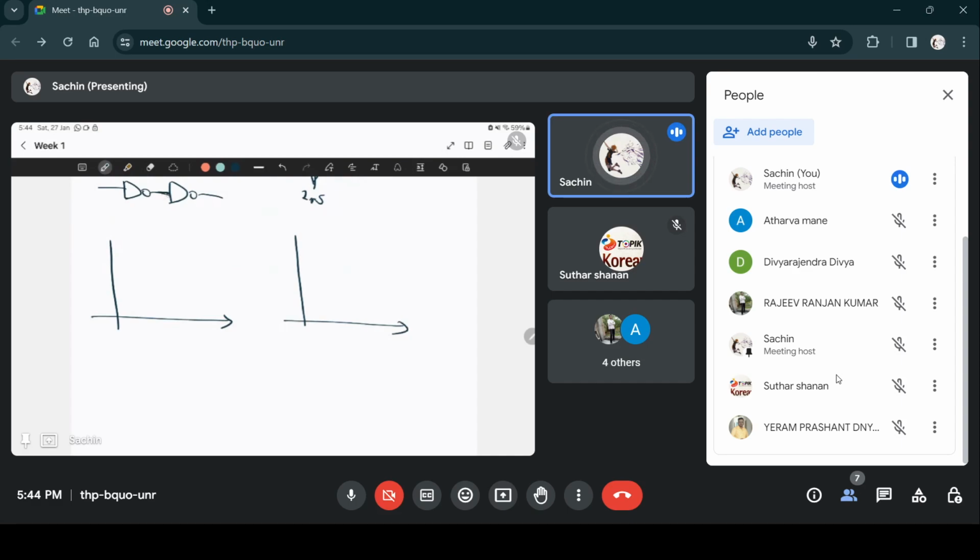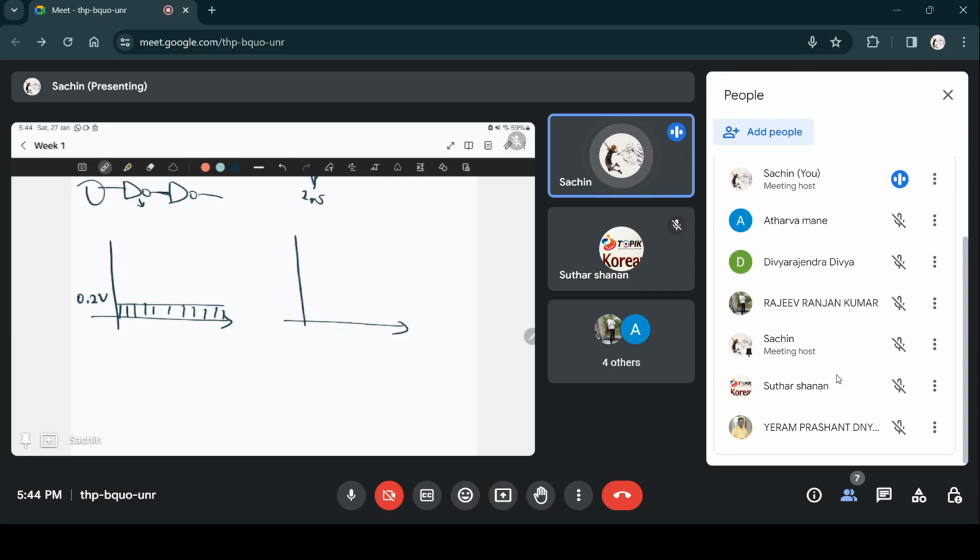Let's consider a low situation. Let's say for this NOT gate, for the output, the low value is considered to be 0.2 volts. So whenever you give a high input, whatever it is, this NOT gate will give you something 0.2 volts or below in this region.